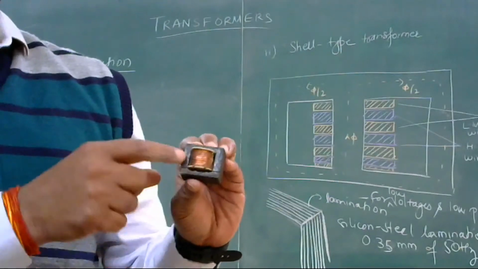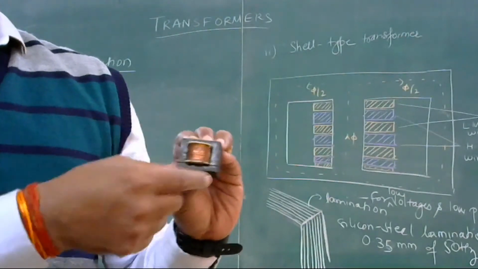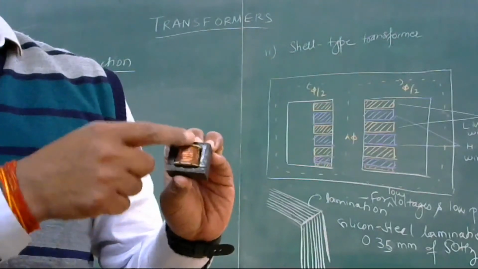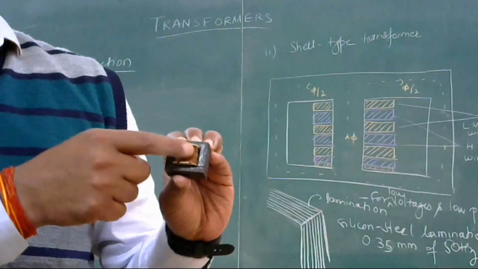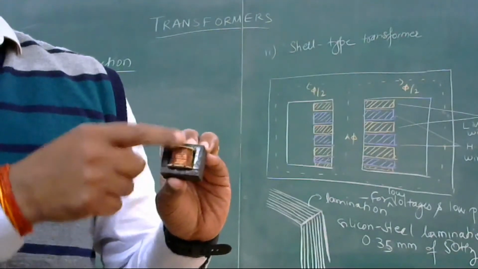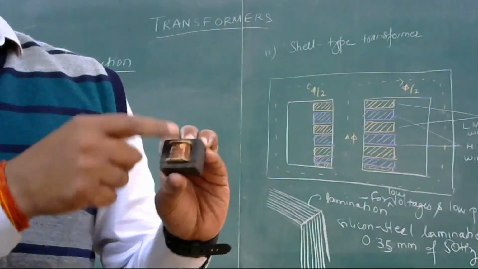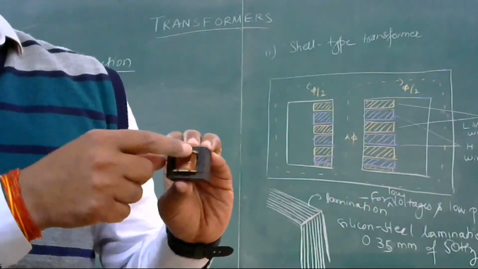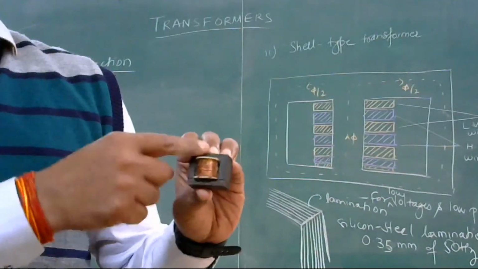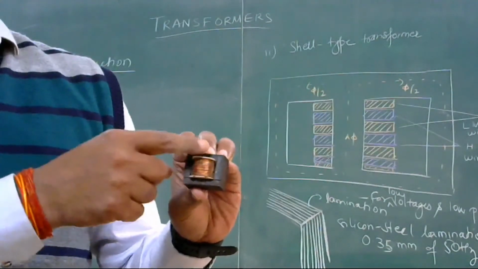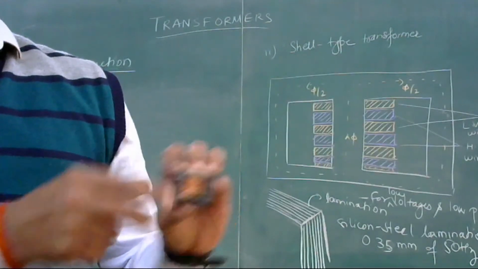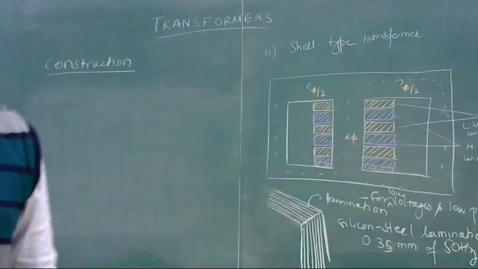This is the core made of silicon steel, and these are the windings, which are wound on the central limb. This is the insulator, which insulates the winding from the core.